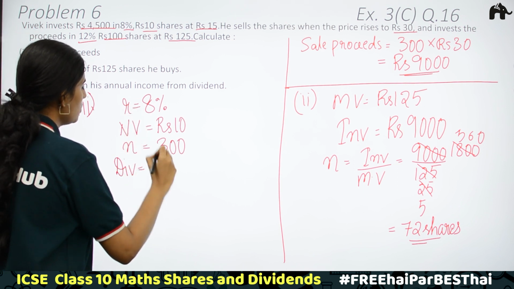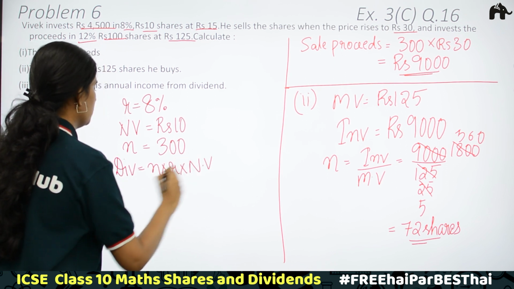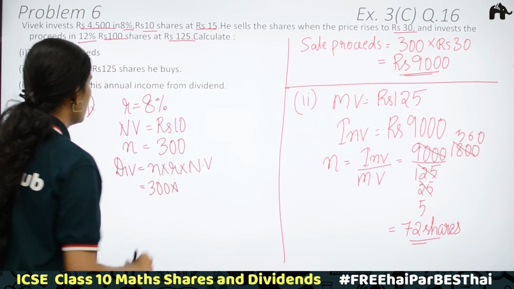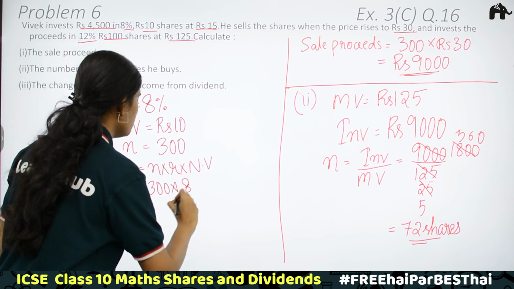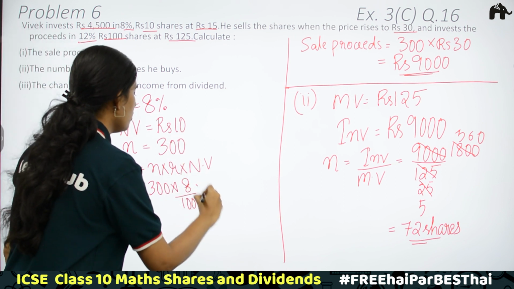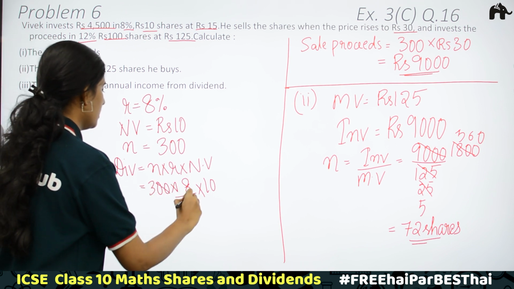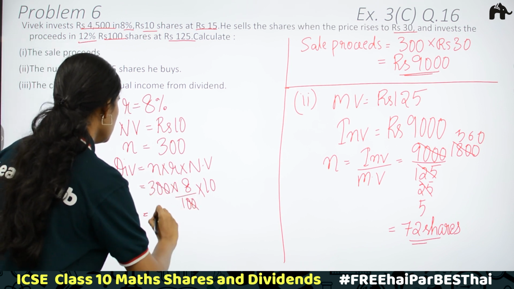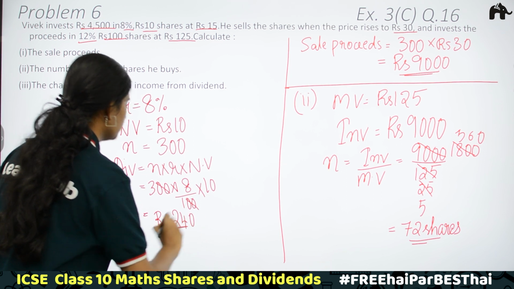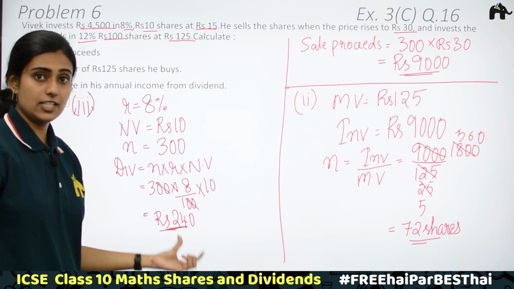Dividend is equal to N into R into NV. That is 300, R is 8 by 100, into nominal value of one share, rupees 10. Clear? You will be getting rupees 240. This is initially.